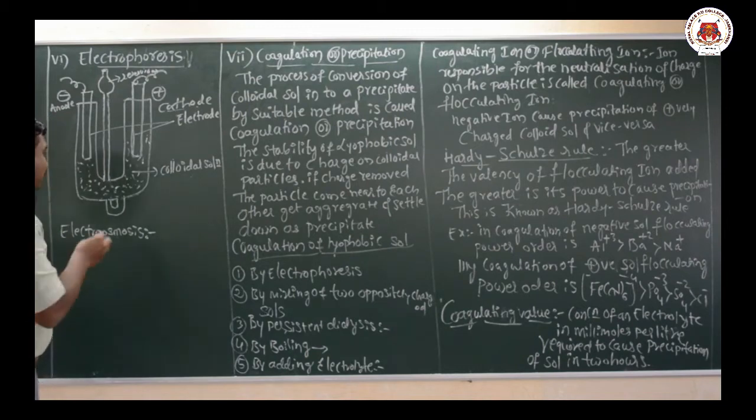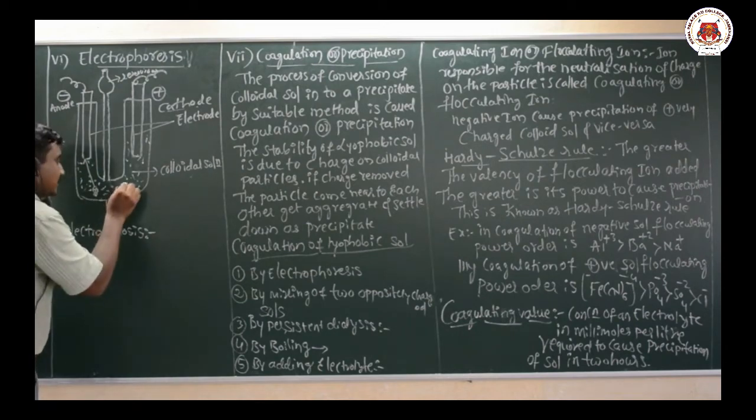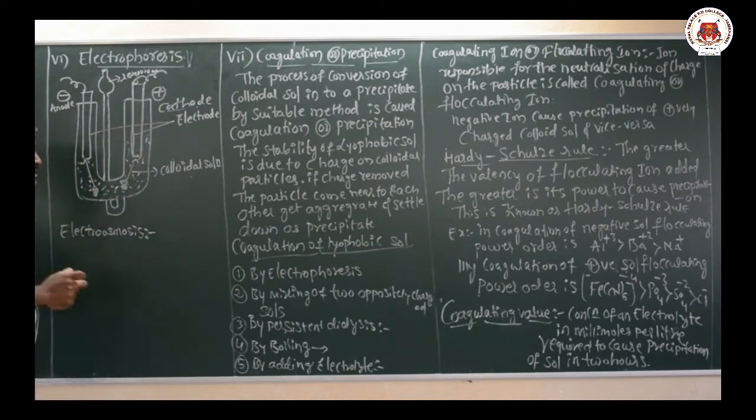Suppose the colloidal particle has a positive charge on it. That will migrate towards the negatively charged electrode. Suppose the colloidal particle carries a negative charge; that will migrate towards the positively charged electrode. That phenomenon is called electrophoresis.